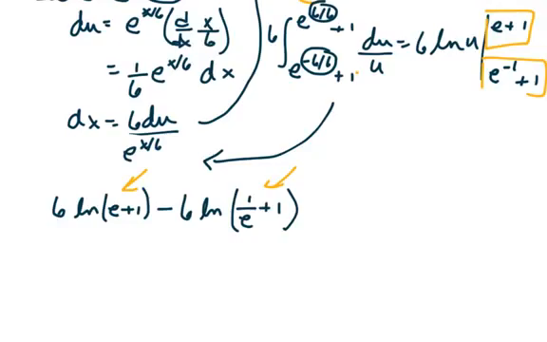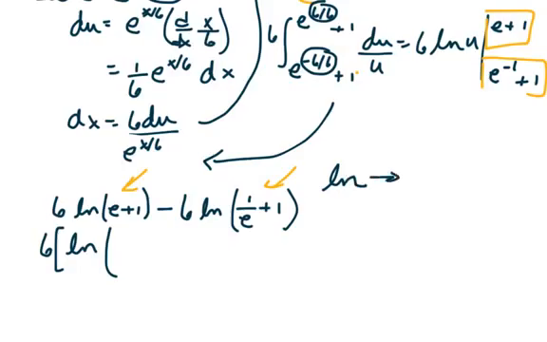So now what I'm going to do is a little bit of log algebra. I'm going to do some combining. So I'm going to keep that 6 outside for a minute. I'm going to combine these terms. If you recall, with log functions, you can write them as single expressions.